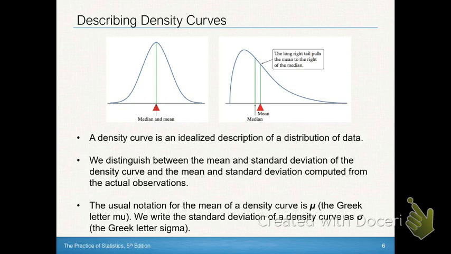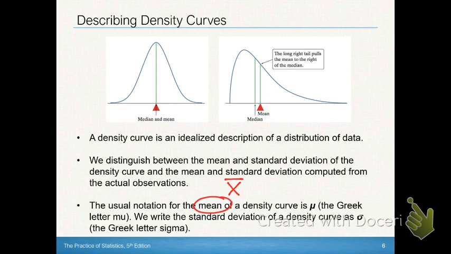Now, when we move from a distribution of actual data that we've collected to this idealized density curve model, we also change some symbolism to notate that. So you'll remember from earlier in the year, when we had the mean of a distribution of data, we used the symbol x-bar to represent that.